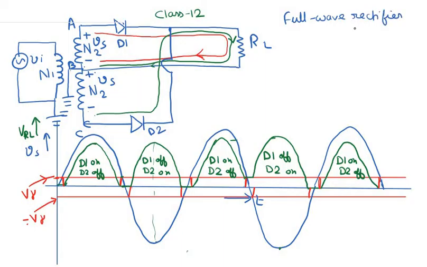Rectifier, because the output voltage across RL is never negative, it is always positive or 0, so it is rectifying the voltage. And full wave, because it outputs positive voltage across almost the entire cycle of Vs, rectifying the whole cycle, and that is why this is known as a full wave rectifier.